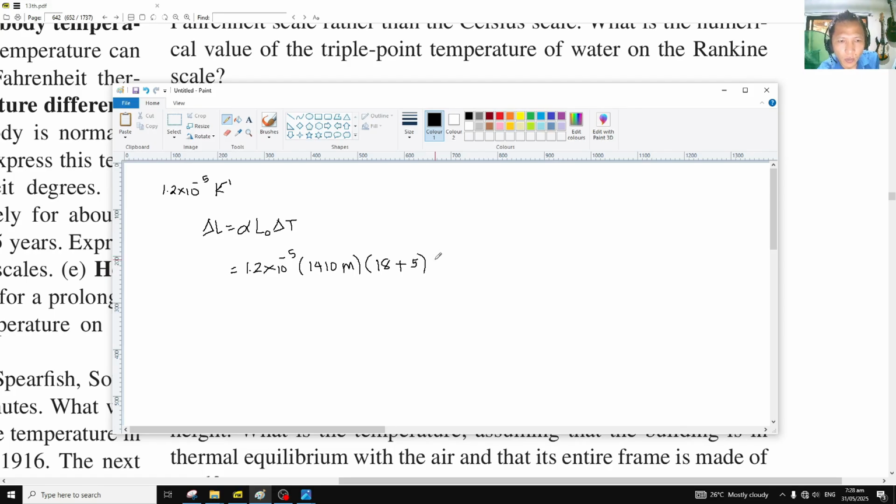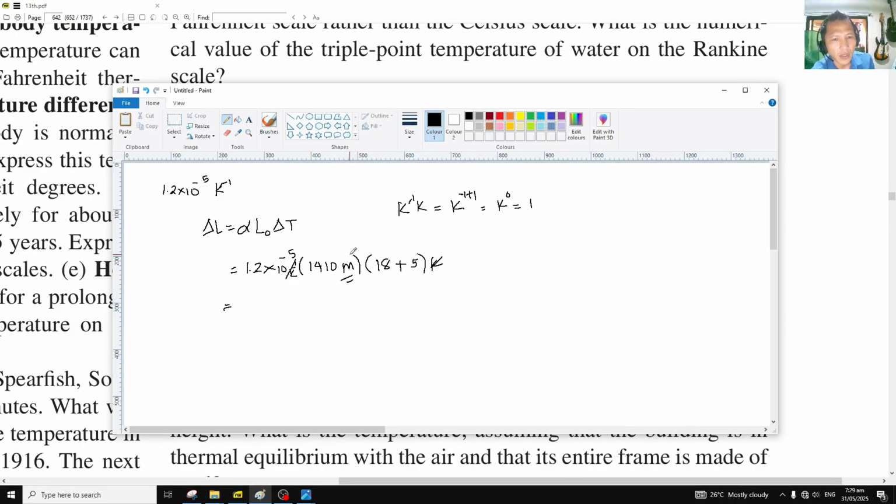The Kelvin to the negative 1 cancels with the Kelvin from delta T.